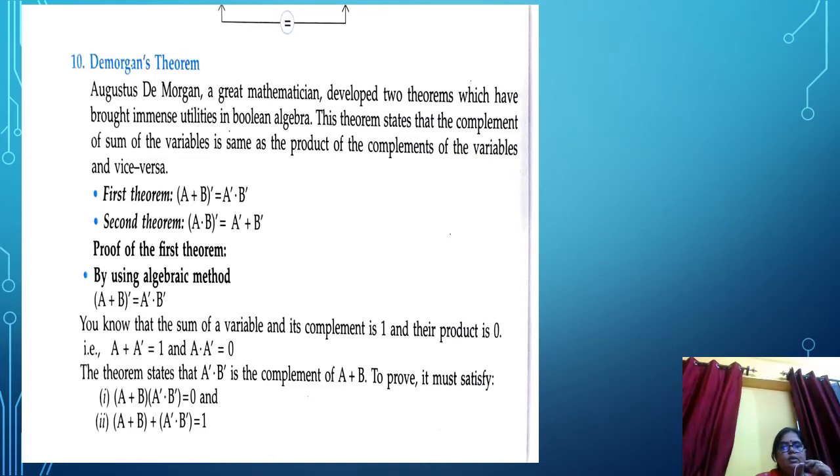According to this, the theorem states that (A+B)' = A'.B'. To prove it, we must satisfy that (A+B).(A'.B') will be 0, and where there is a plus sign, it will be 1. So we have to prove it all.